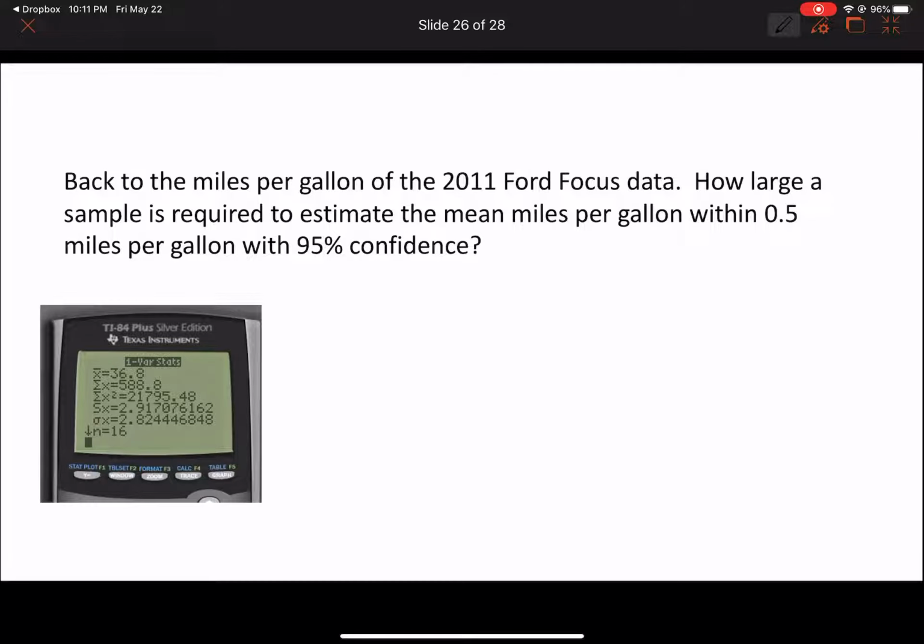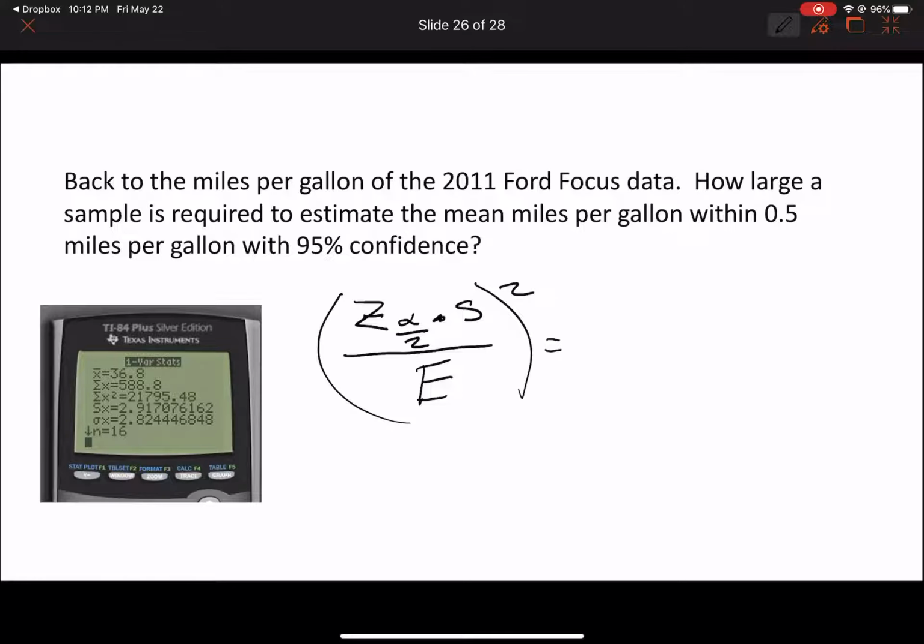Go ahead, pause this, come back and we'll do it together. All right. So we are looking at z times s over e and then squared. For the 95% confidence level, our critical value z is 1.96.